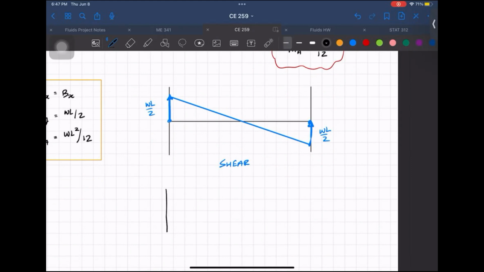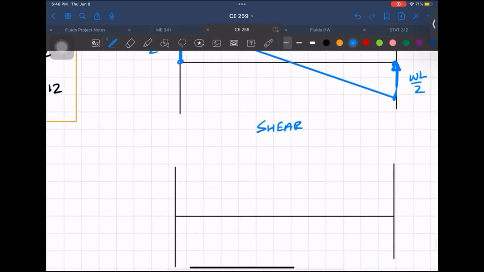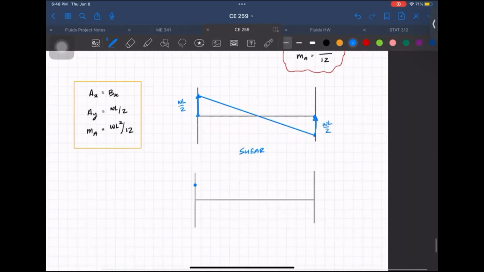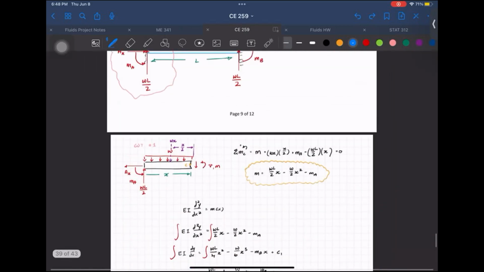The moment diagram should look something like this. There is a fixed end at both ends, so you're going to start off with some moment. Let me double check something real quick.